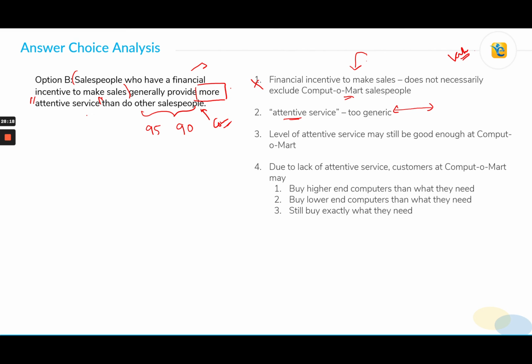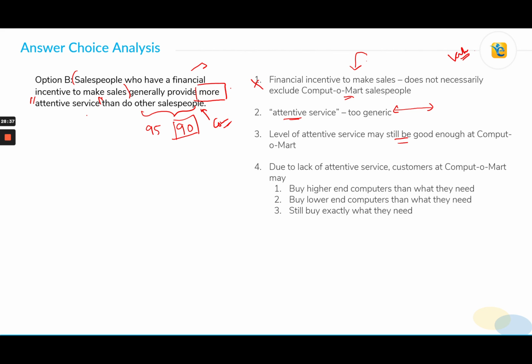Now, 90 out of 100 might still be pretty good. You cannot just assume that just because the level of attention is lesser, it's necessarily less. It could still be more than good enough to ensure that the salespeople understand what is truly required for that particular customer.